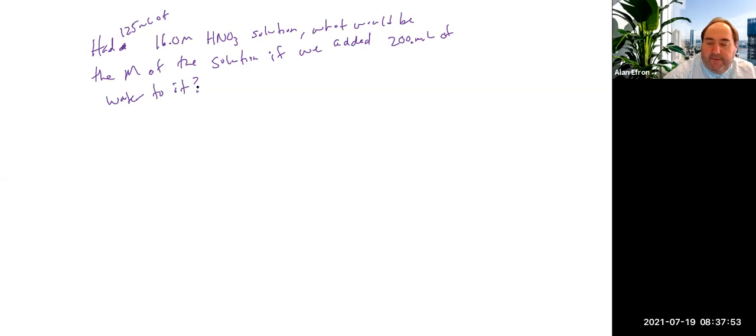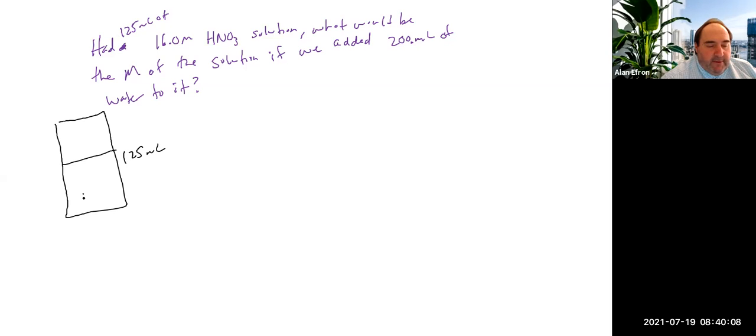All right, so take a moment and see what you come up with here. I'll do it as well since I made up the numbers. Let's draw it to see what we're dealing with here. So we've got this solution, which is 125 milliliters and is 16 molar.